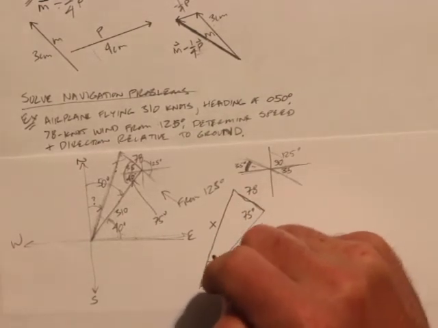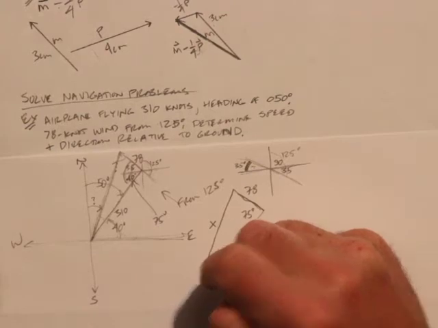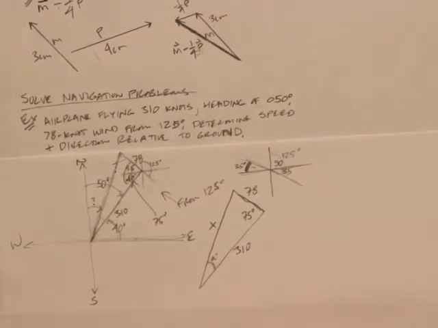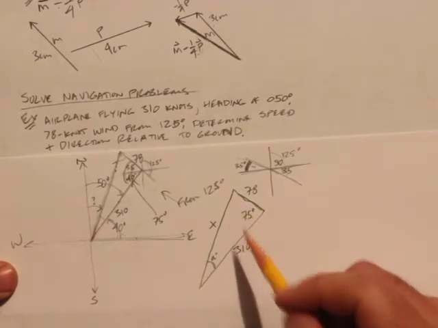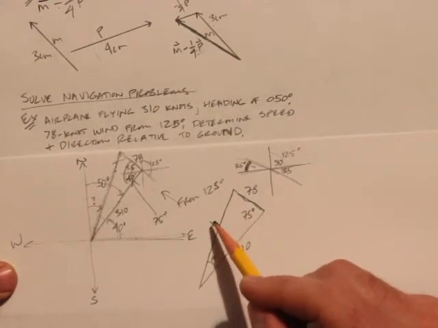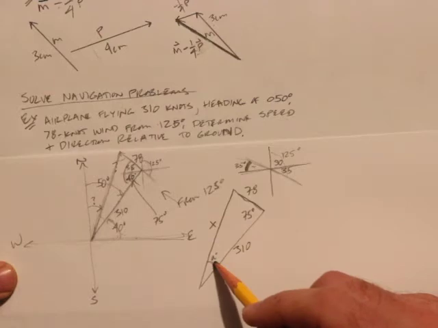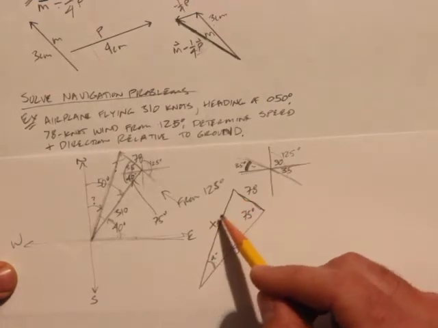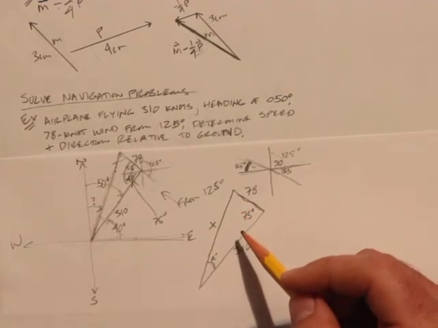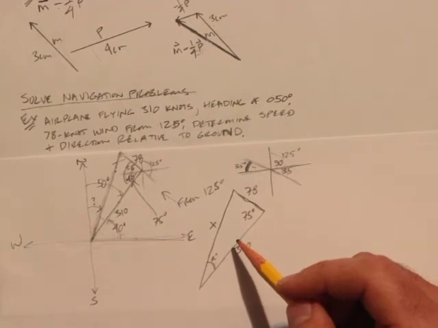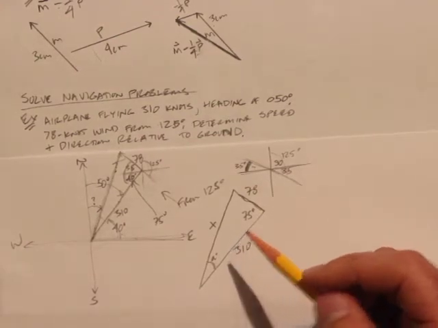This is going to be A degrees, we'll say. Okay, so I need to find this side and this angle. So let's use law of cosines.